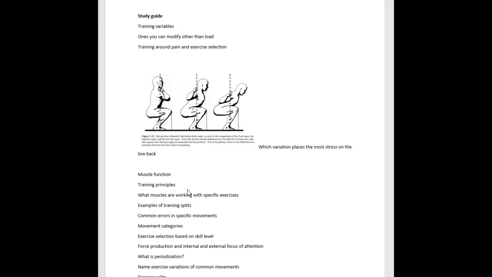All right. So then you have your pulling movements. If I was doing a row, that would be an example of a horizontal pull. Okay. And then if I was doing something like a lat pull down or a pull up, that's an example of a vertical pull. So those are our upper body movements. Then you have lower body movements.